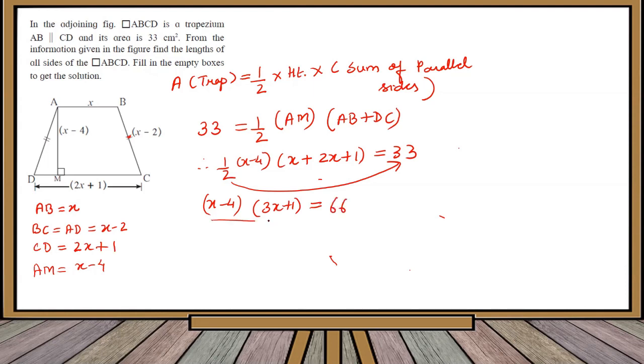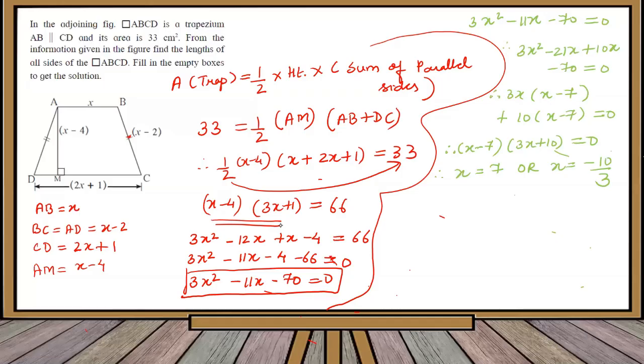Now let us multiply these brackets and form a quadratic equation. After solving this bracket, the required quadratic equation is 3x square minus 11x minus 70. If I have to do this by splitting up the middle term, 3 into 70 is 210, right?